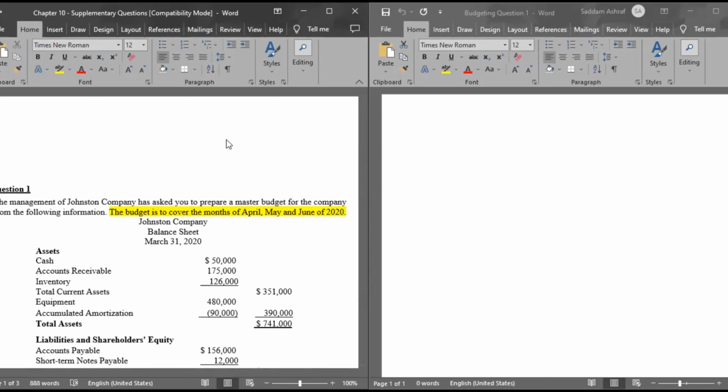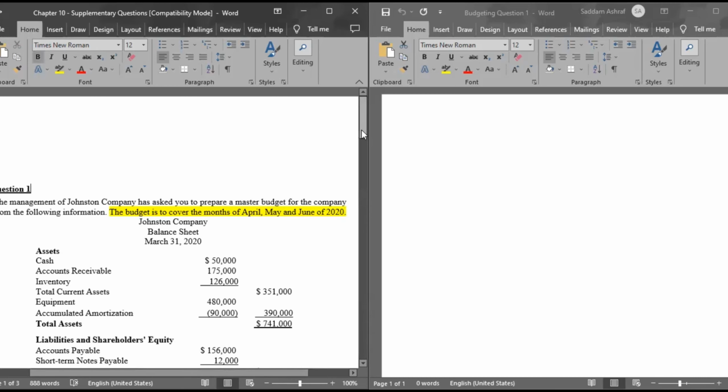The examiner can also ask what a budget period is. You can simply explain that the budget period is the duration for which we are going to estimate our revenues and expenses. In this question, our budget period is quarter two, and it includes months April to June.